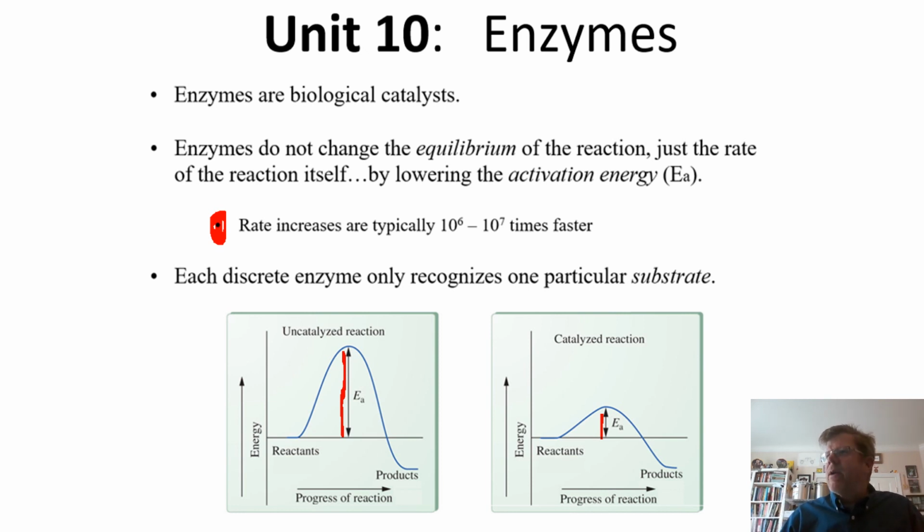Most of these biochemically catalyzed reactions occur what would appear to be instantaneously, and they do need to appear to be instantaneous in order to satisfy the continuing needs of activity within the cell or other biochemical activity, but the general rule would be that rate increases are about 1 million to 10 million times faster than the uncatalyzed reaction.